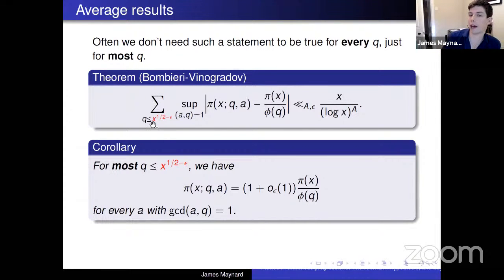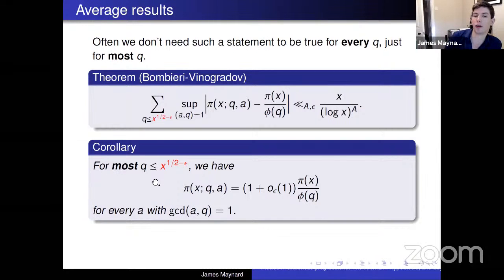And in the setting of primes, there's a natural analogous statement, and this says for most values of q less than or equal to the square root of x, we do have this equidistribution in every residue class a modulo q, but there's potentially a few bad values of q where you wouldn't have this equidistribution.